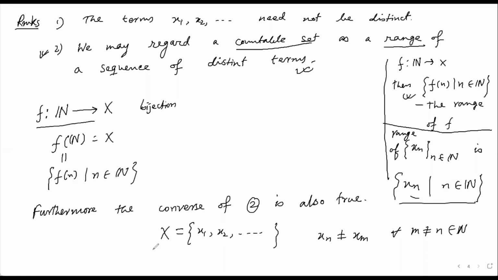We will have a bijection f from N to X defined by f of n equal to xn. So the converse of 2 is also true.